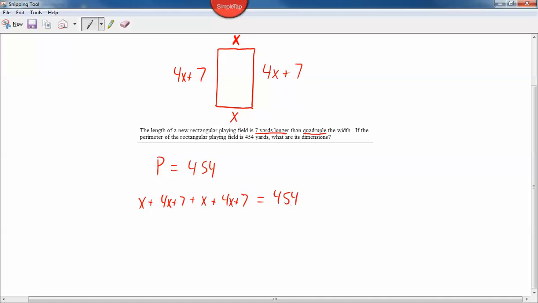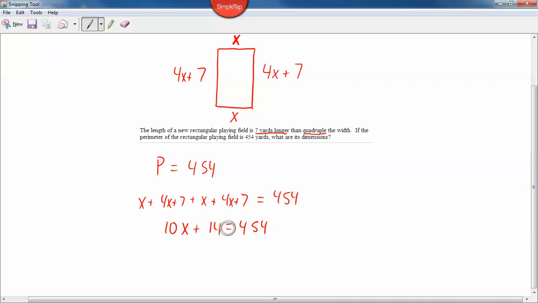So let's put like terms together. So x plus 4x plus x plus 4x, that's going to be 10x plus, and then we have two constants on the left side, 7 and 7, that's 14, equals 454.